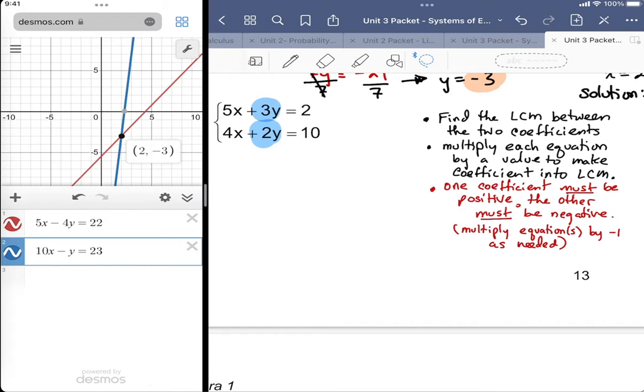With the little caveat there that one coefficient has to be positive and the other has to be negative. So we multiply by -1 as needed. I'll carry out the process in a sec, but that's the general idea behind it. Or at least strategy.